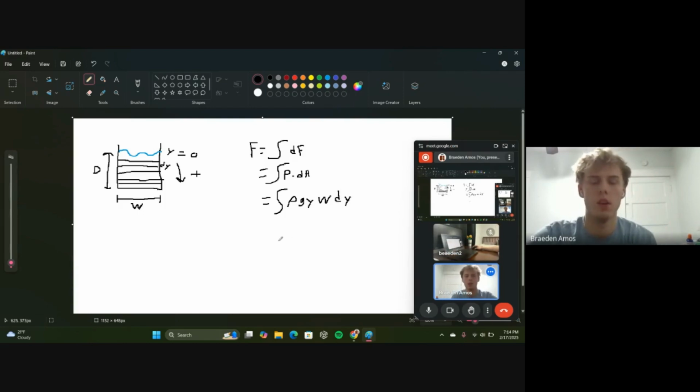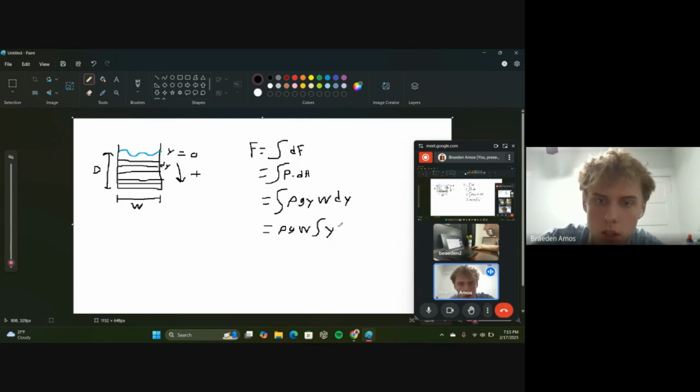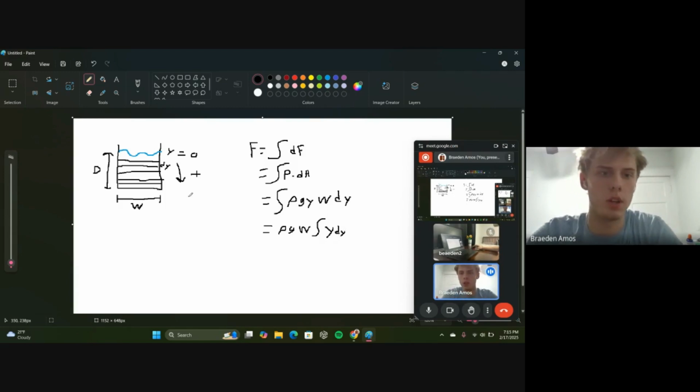Okay, so now we can keep going and start putting on limits of this integral. But first we can take out rho, g, and the width. So now we're just evaluating y dy. And obviously for this one, we're trying to do all of the area that has water, so that would be from 0 to D, whatever that is.